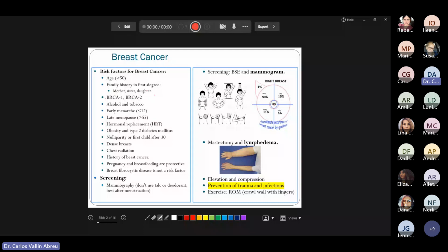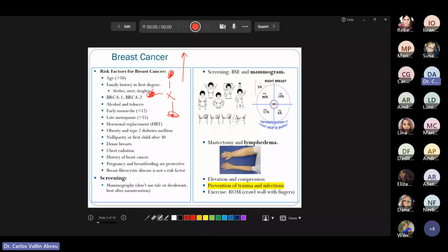Another point that you need to have in mind for test purposes, for NCLEX purposes: if you have a family member, woman X, mother, sister, daughter, that developed breast cancer at an early age, this is worse.